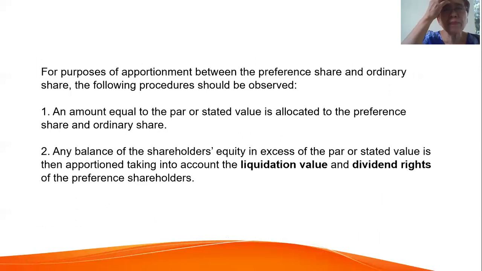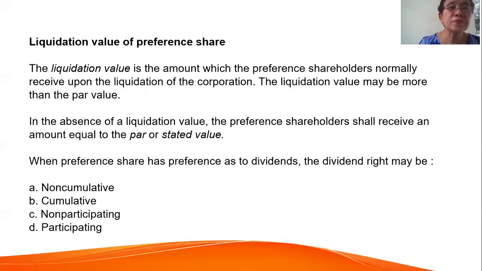For purposes of apportionment between the preference and ordinary share, the following procedures should be observed. An amount equal to the par or stated value is allocated to the preference share and ordinary share. Any balance of the shareholders' equity in excess of the par or stated value is then apportioned taking into account the liquidation value and the dividend rights of the preference shareholders.